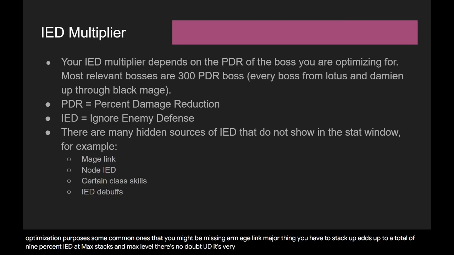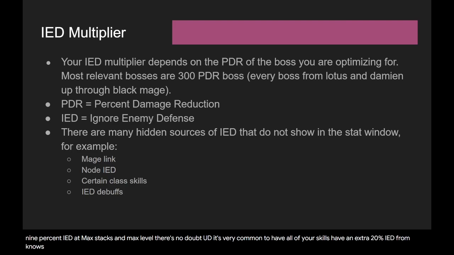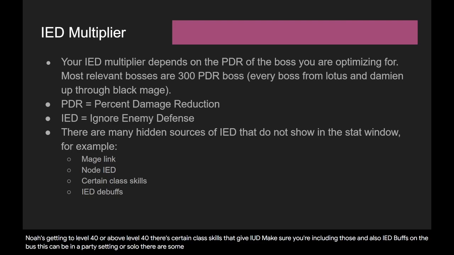It's very common to have all of your skills have an extra 20% IED from nodes getting to level 40 or above. There's certain class skills that give IED, so make sure you're including those, and also IED debuffs on the boss. This can be in a party setting or solo. There are some IED debuffs that don't show up in your stat window.